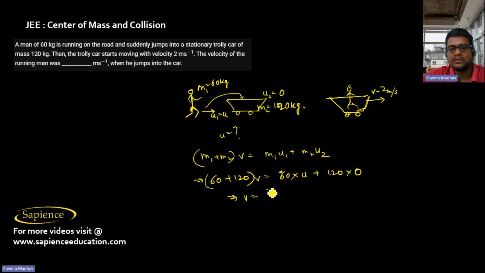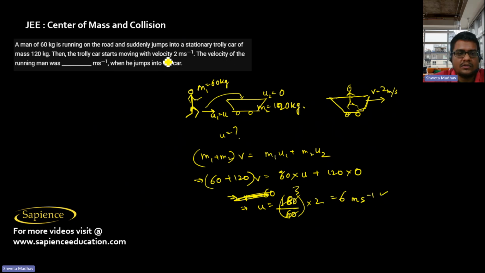So u will be equal to (60 plus 120), that is 180, by 60, into v. v is 2. So 6 3s are 18, 3 2s are 6 meter per second. So the initial velocity of the running man was 6 meter per second. So 6 is the answer.